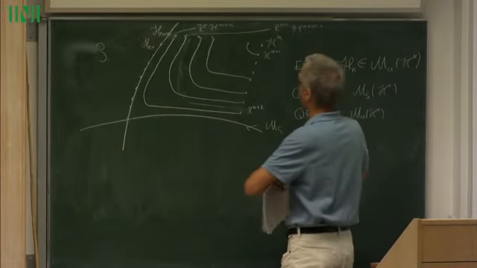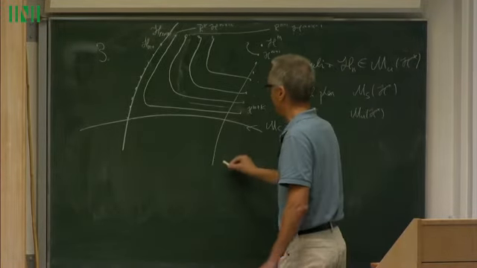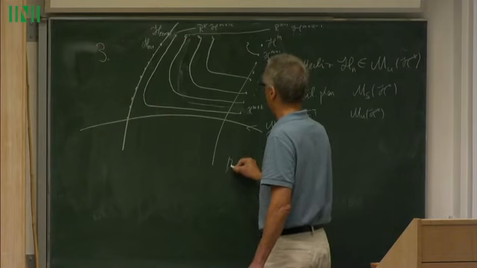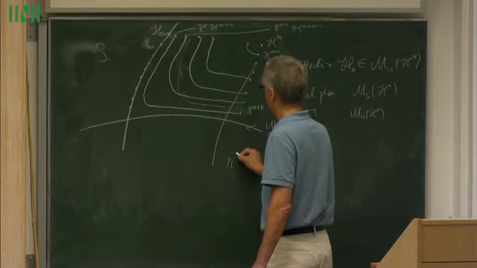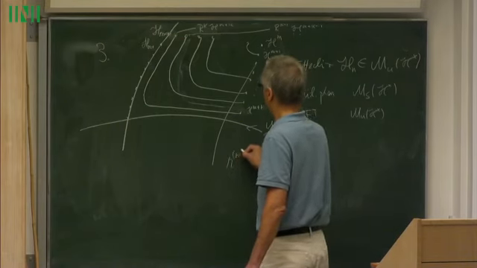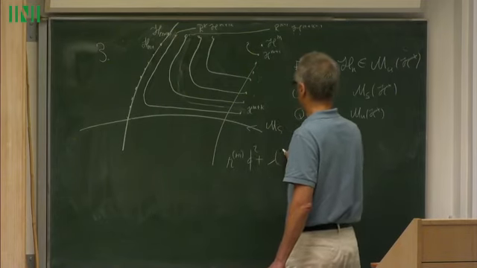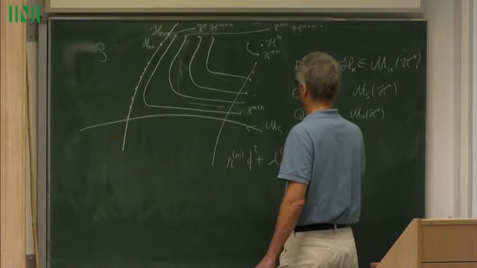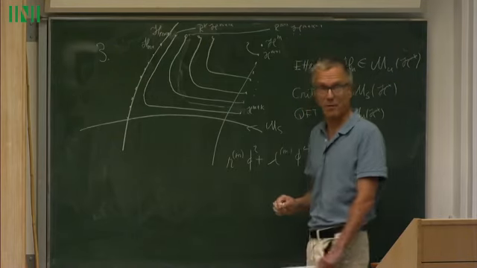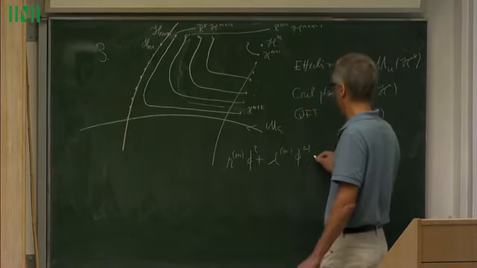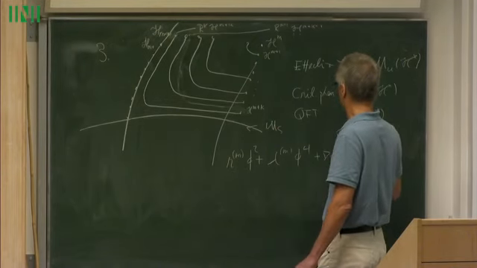So you should think about this one parameter family in our language. This is just the r_m phi squared plus lambda_m phi 4, Ginzburg-Landau model. Plus gradient phi squared.